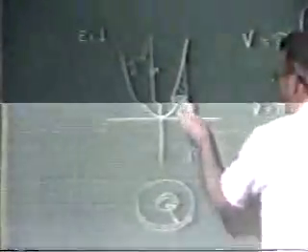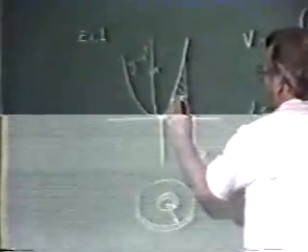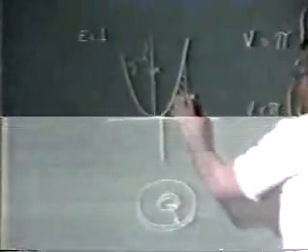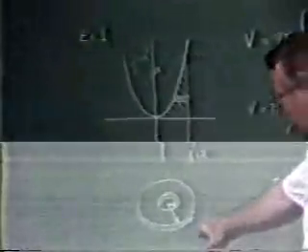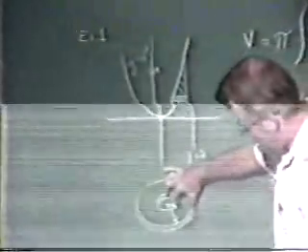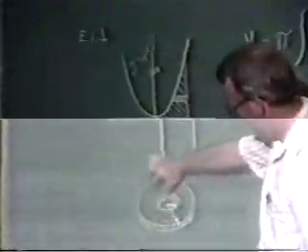Now, if I take this strip right here and revolve it around the y-axis, what I form is what's called a washer. This strip revolved around will form a washer type solid.